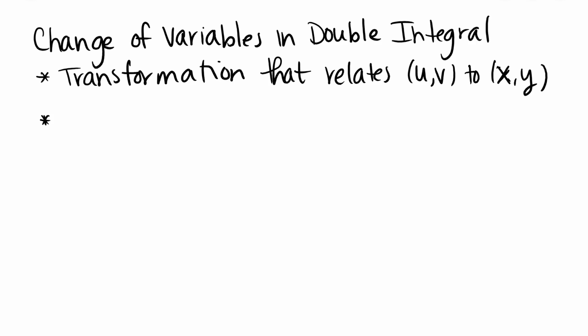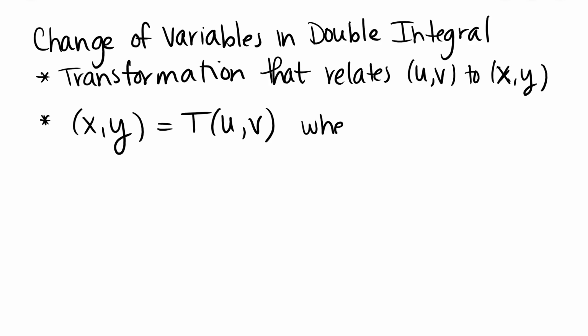Basically, (x, y) is some transformation of my (u, v). Normally we say u equals some function of x, but it doesn't matter, I could solve that either way, where x is going to be a function of u and v, and y is going to be a function of u and v also.